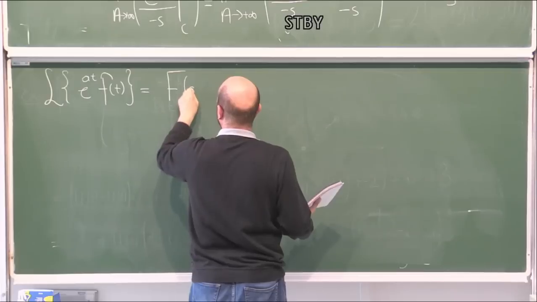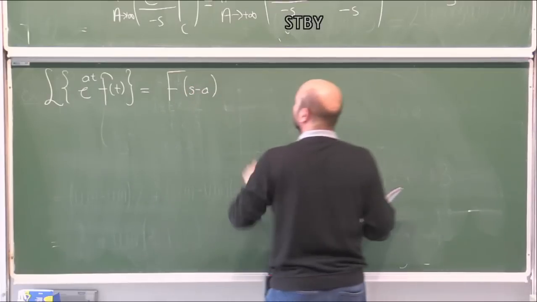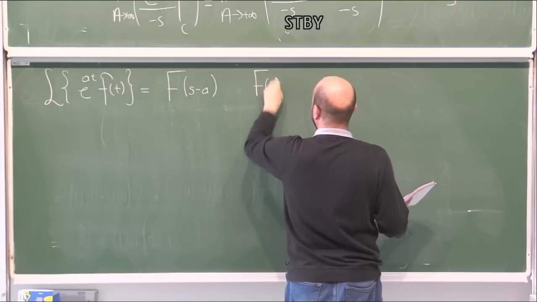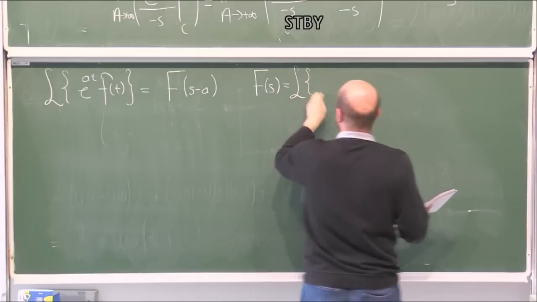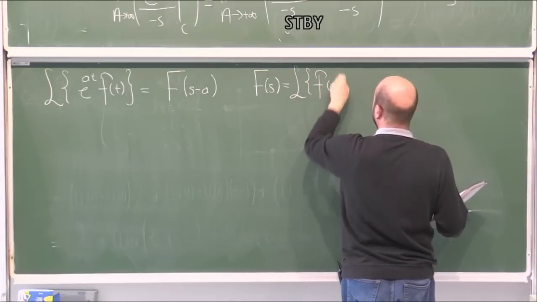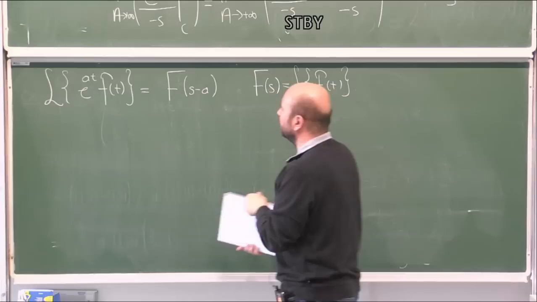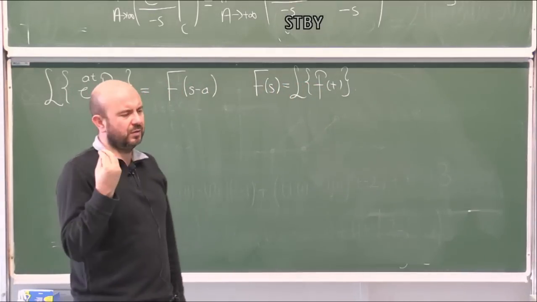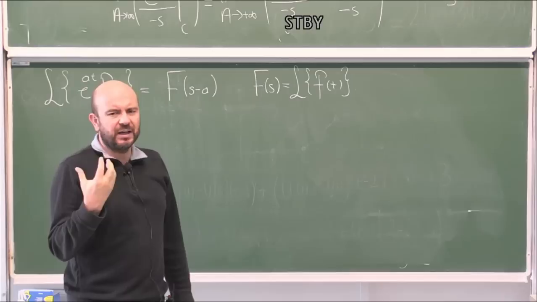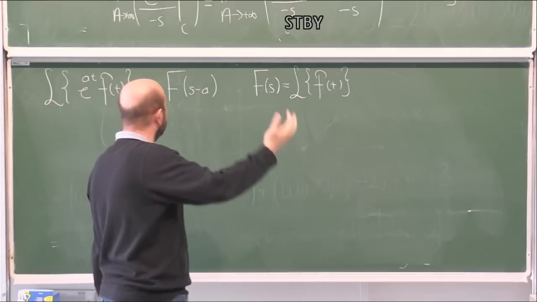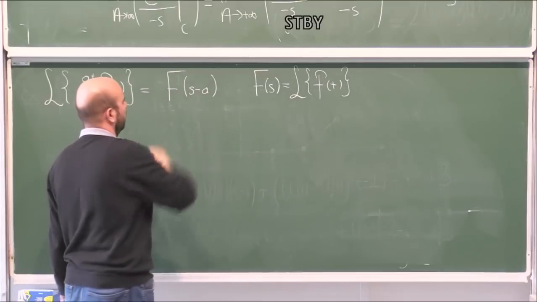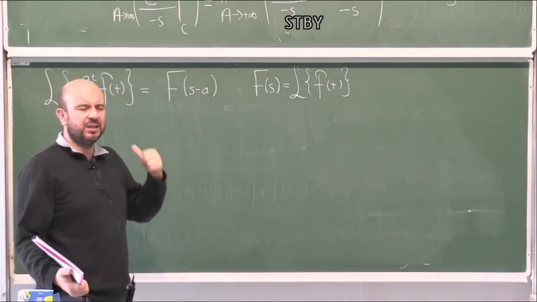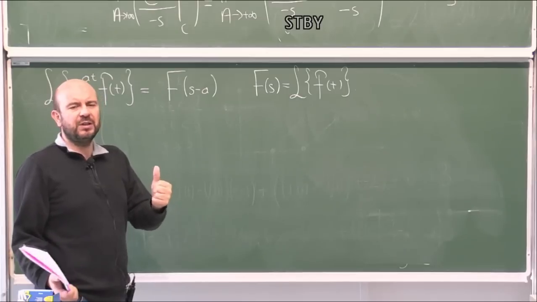So this is equal to F of s minus a. What is capital F here? Capital F is exactly the Laplace transform of the small f. So it says that in the time domain, if you multiply a function or a signal with an exponential, then this will result in a shifting in the s domain. Okay. How about if I shift in the time domain, what will happen in the s domain?